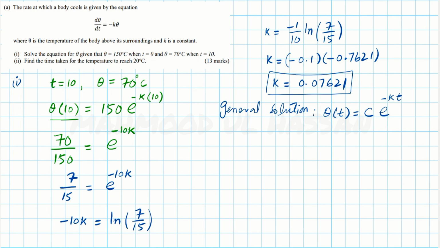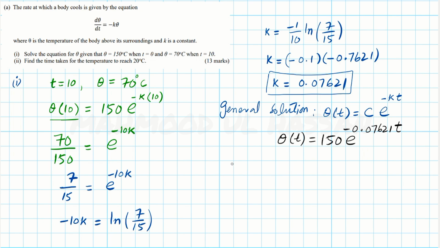So this solution will become theta of t is equal to 150 e raised to the power minus 0.07621 times t. Is it okay?